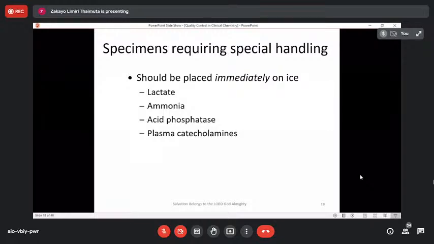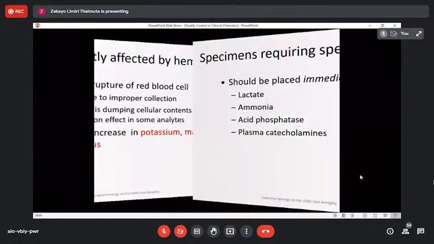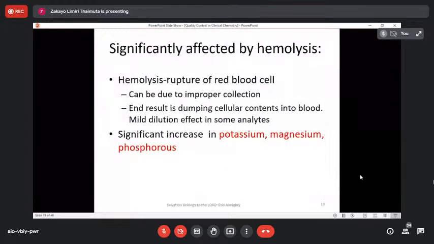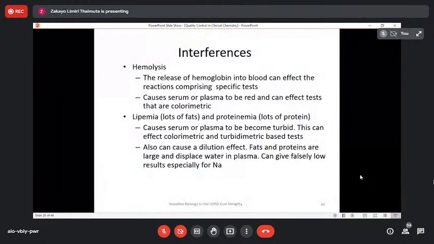Special attention should be given to the specimen, and to biochemical arrangements; if that does not happen, hemolysis, which causes dilution, occurs, and there you can see the effect it has. I've highlighted electrolytes. There are also enzymes.